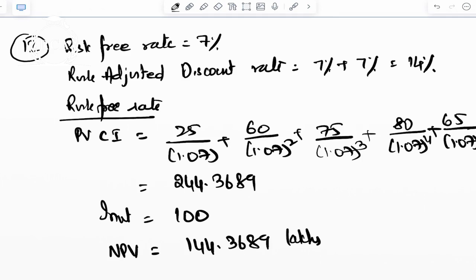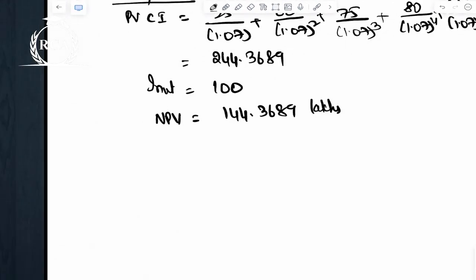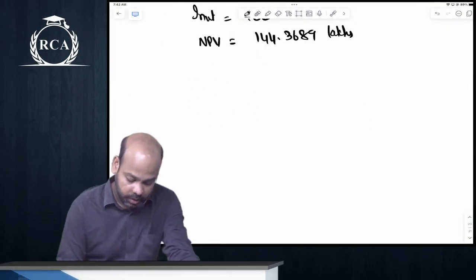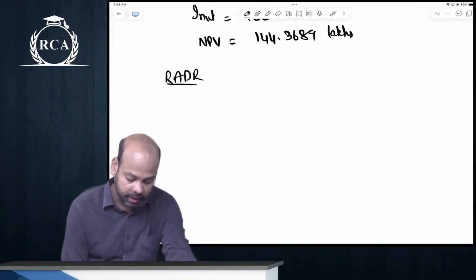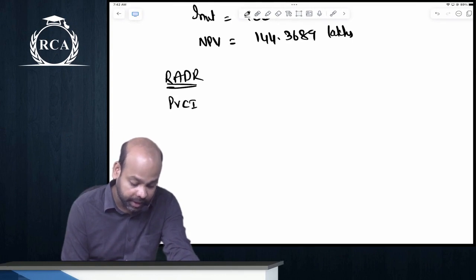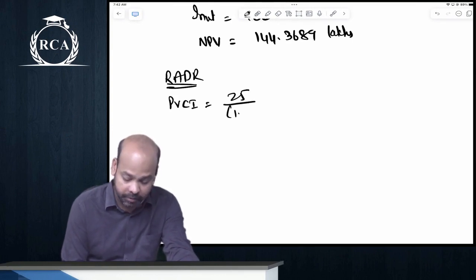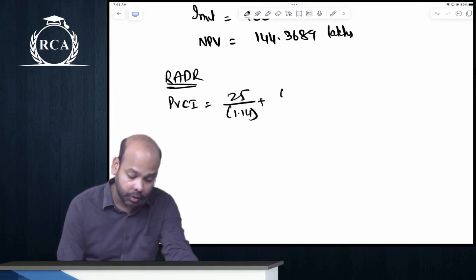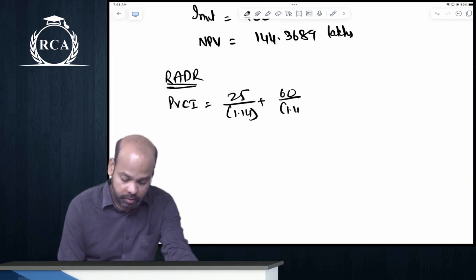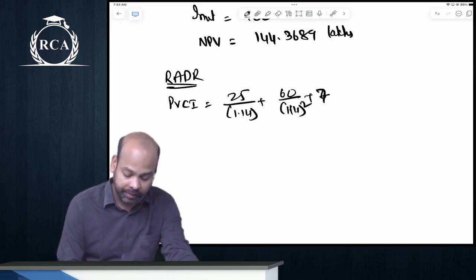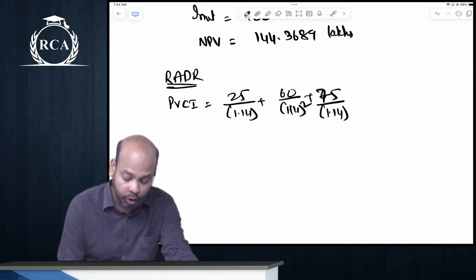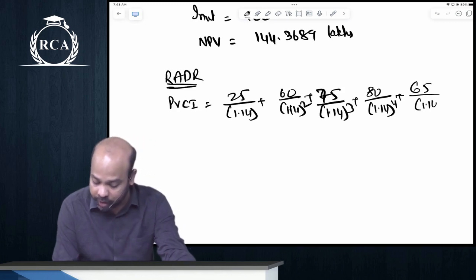How much is the present value of cash inflows, guys, at 14%? At RADR as such, beta. You'll write PVCI, guys, as 25 divided by 1.14, plus 50 by 1.14 whole square, beta, 75 by 1.14 whole cube, 80 by 1.14 whole power 4, 65 by 1.14 whole power 5.